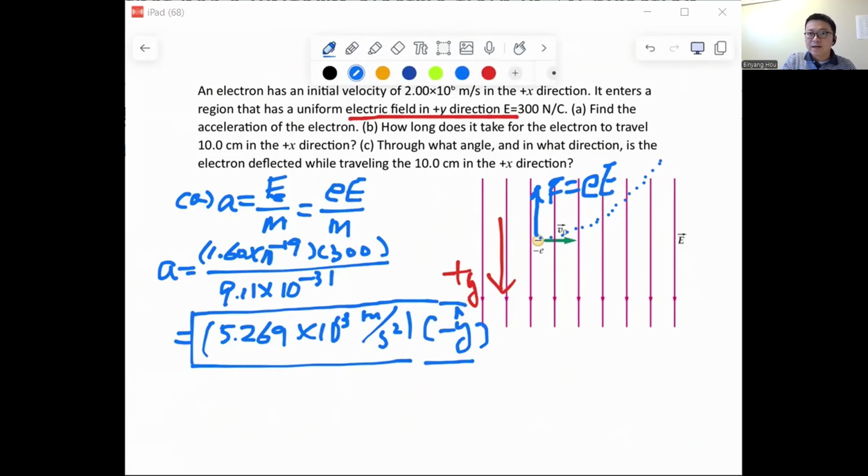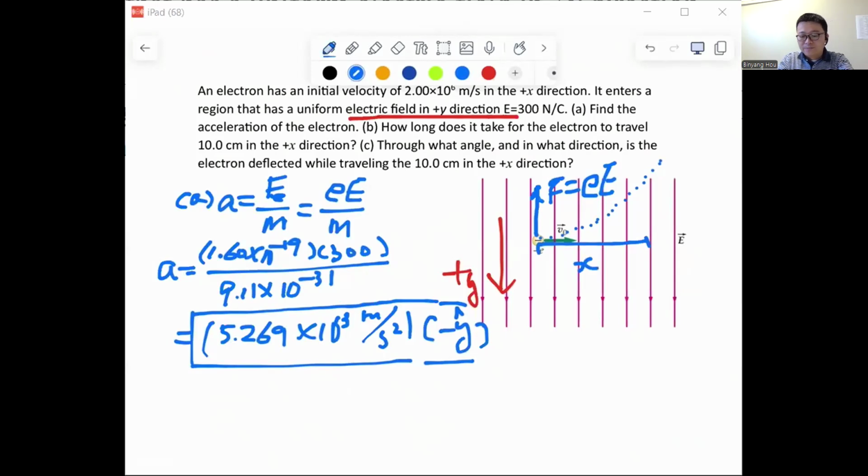Part B is asking how long it takes for the electron to travel 10 centimeters in the x direction. This is projectile motion, so the x direction should be independent of the y direction, right? So x is equal to 10 centimeters.